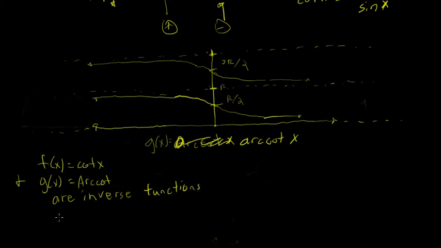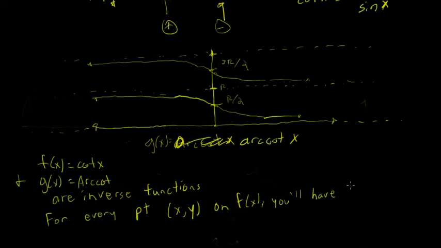So you'll often see that this means that for every point, abbreviate that PT, x, y on f of x, you'll have a point y, x on g of x.